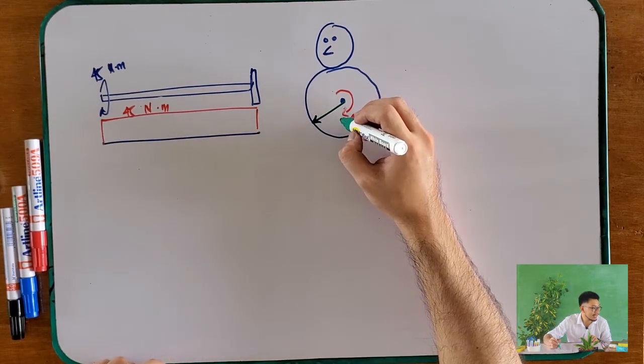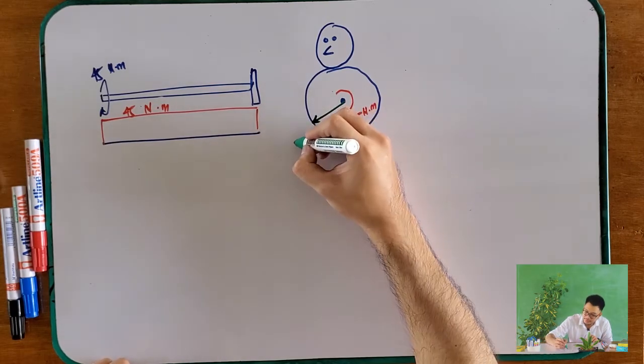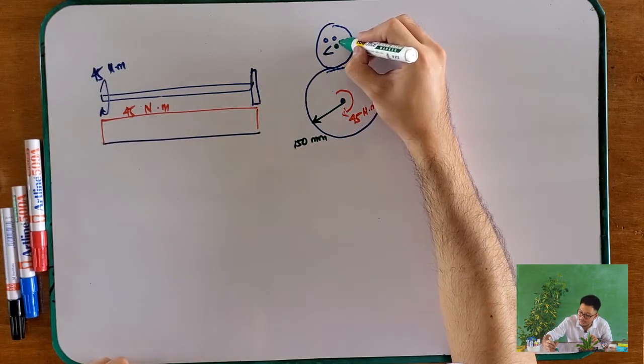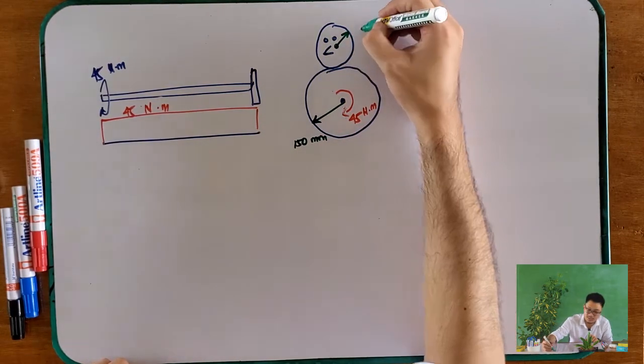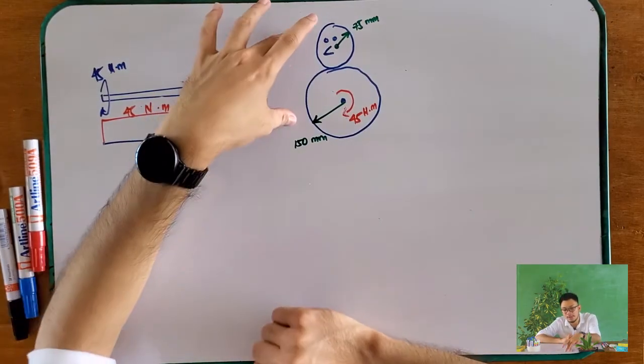This one has a radius of 150 millimeters, and the other one has a radius of 75 millimeters. And unsa may common ani nilang duha?